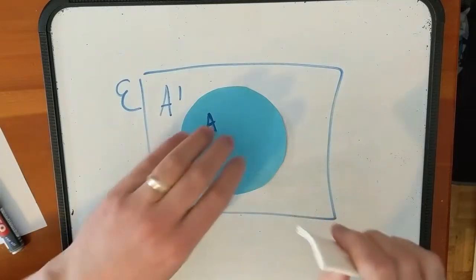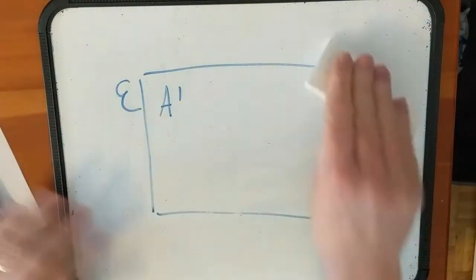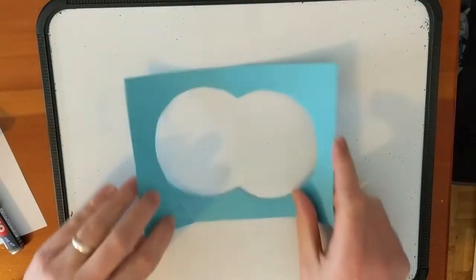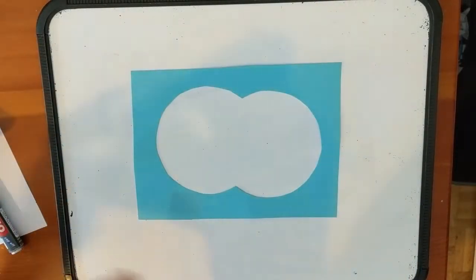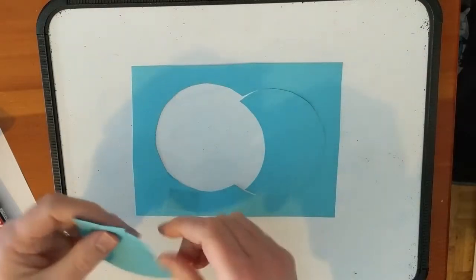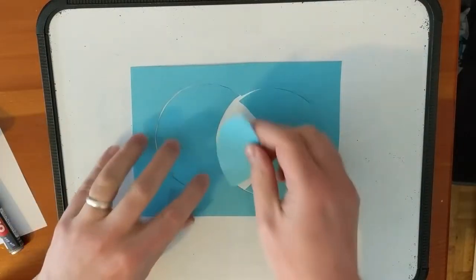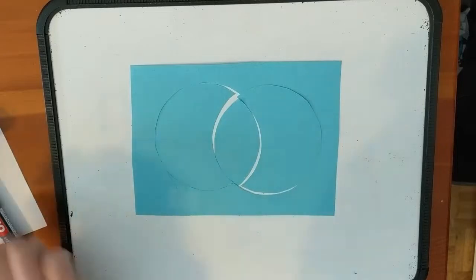Now, we can go one step further with this. Let's have two sets instead of just one. Right? So, I've got, this took me minutes of work. Okay. Let's say we've got all of these different parts.